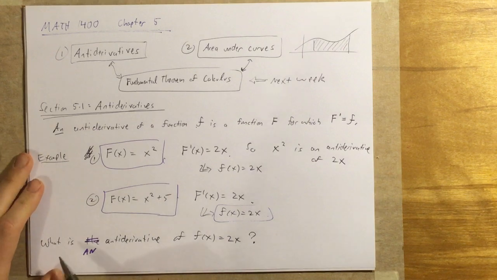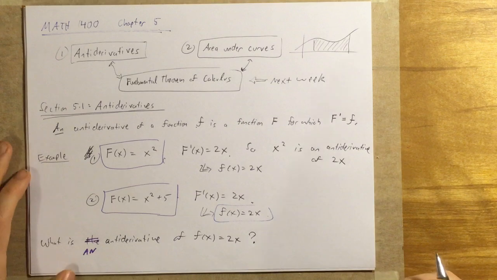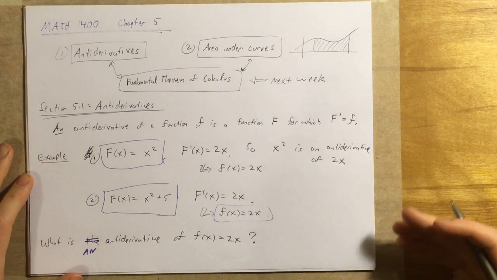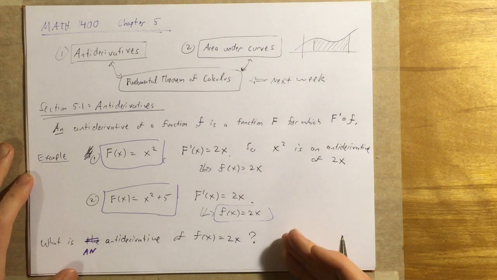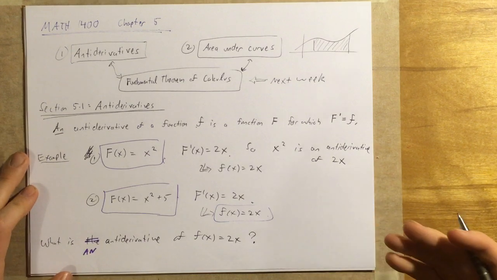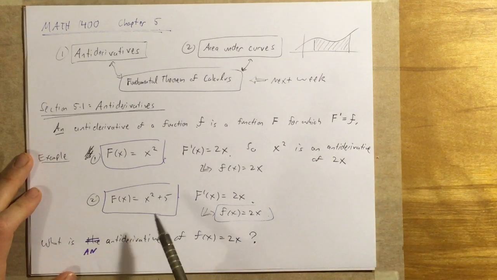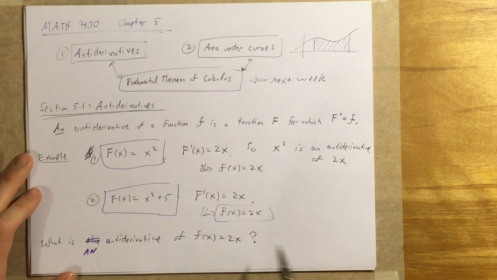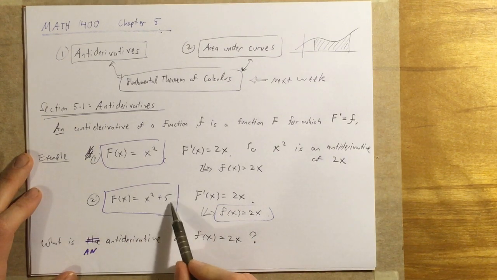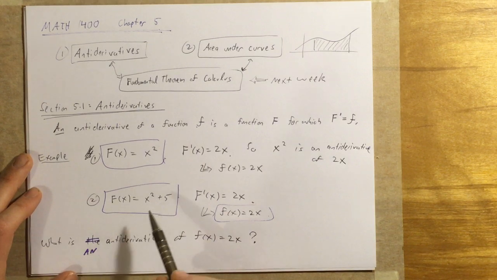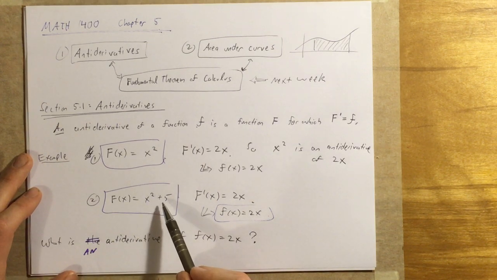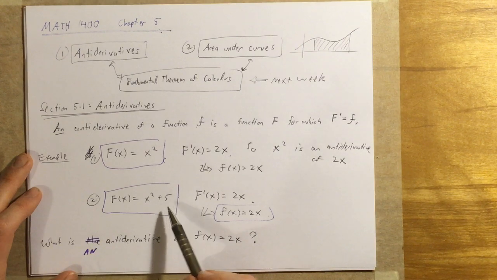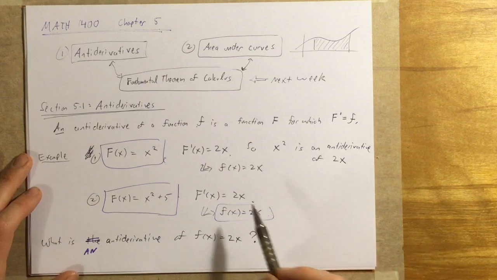Because there's in fact infinitely many different functions that could be antiderivatives for any given function, and the way you can prove that is to notice that the fact that I added 5 to this function here was completely irrelevant. It could have been any other number that I added, right? When you take a derivative of x squared plus a constant of any kind, you're always going to get 2x because the derivative of the constant term is 0, and adding 0 doesn't do anything.